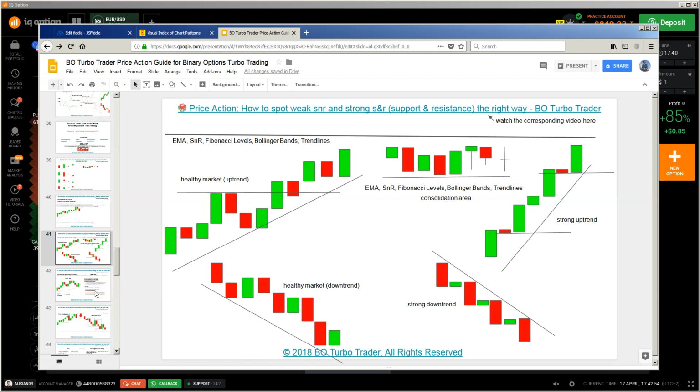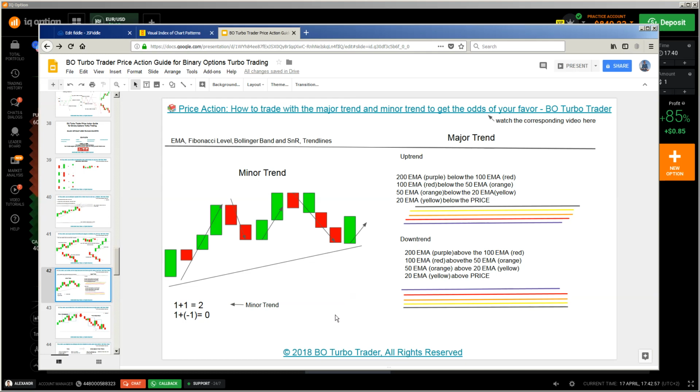And then watch this video about the trend identification, where you have to understand that market is moving in a waveform, and the alignment of the EMAs, which are telling you in what kind of direction market is heading, or it was heading, because you have to understand a 200 EMA cannot tell you what will happen.